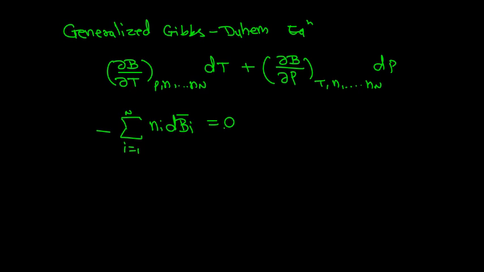And from this, at constant T and P, we can write that summation Ni dBi equals 0. So this is a generalized Gibbs-Duhem equation.